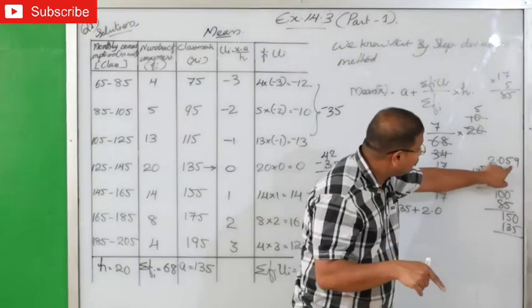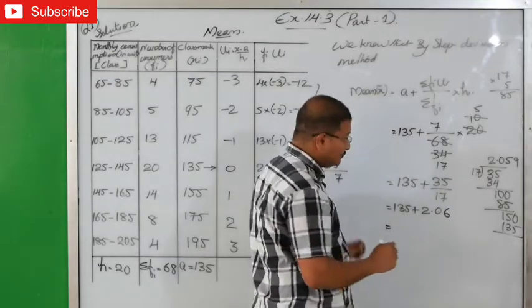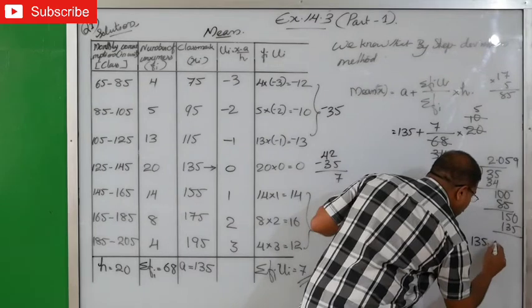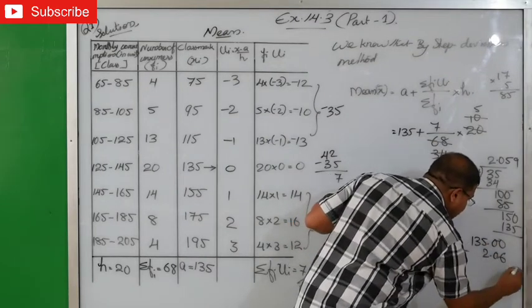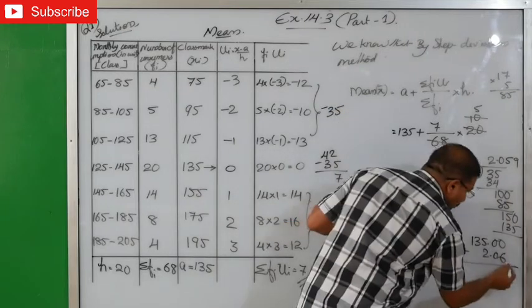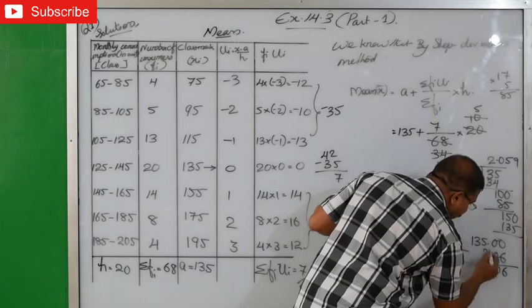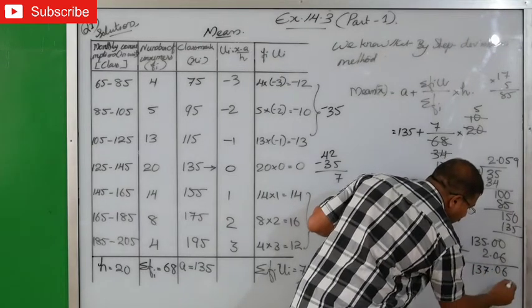That means 5 will become 6. Now we'll add it. 135.00 plus 2.06. 0 plus 6, 6. 0 plus 0, 0. 2 plus 5 or 5 plus 2, 7. And this 3 and 1. That means we got it.